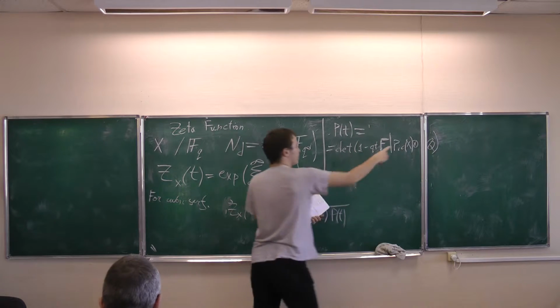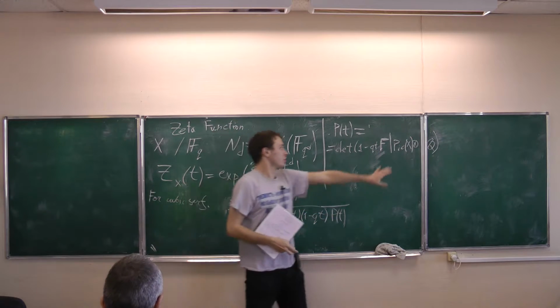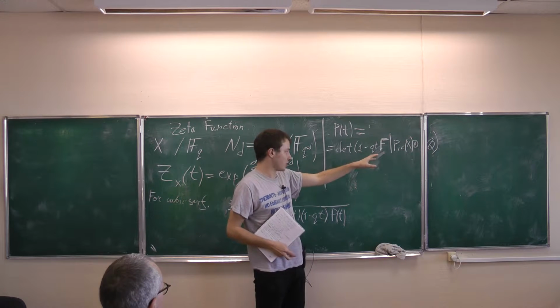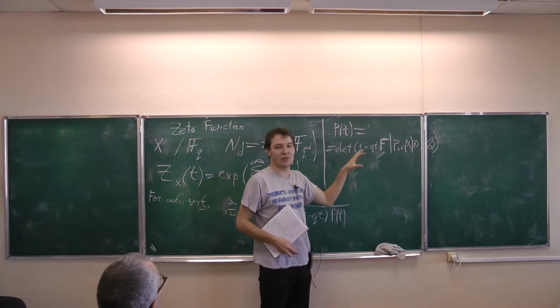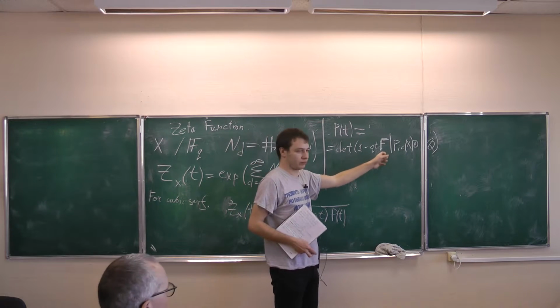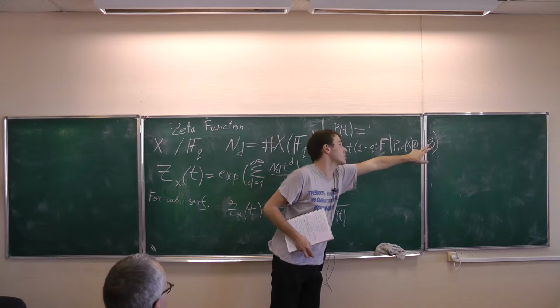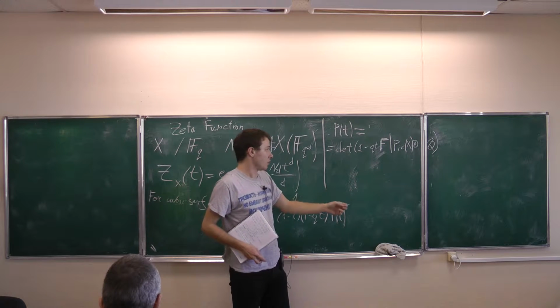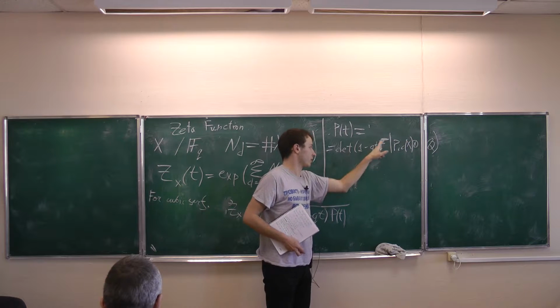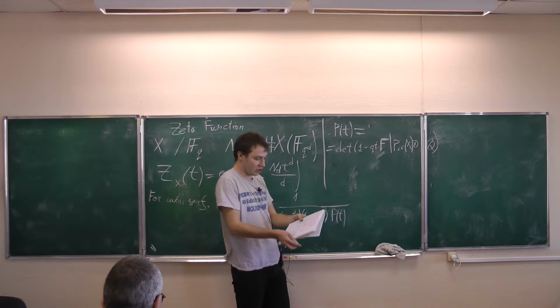So what is this? We consider the Picard lattice of our cubic surface, and we have the action of the Frobenius element on this lattice. So yes, it's a vector space since it's multiplied by q. So we can consider a matrix, which is written here, and take its determinant.